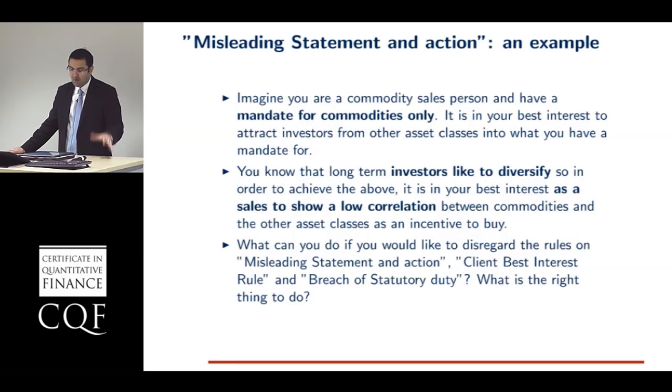So imagine you're a commodities salesperson. You only have a mandate to sell commodities. For example, oil would be an example of a commodity. In order to attract investors for your product, you need to show that your products are a good way to diversify for your clients.